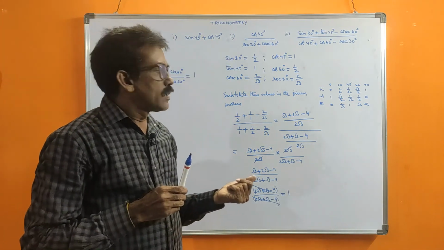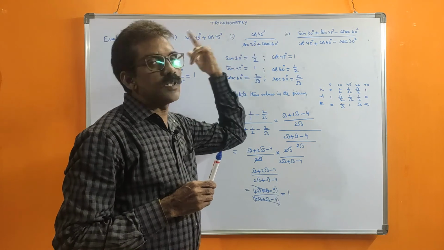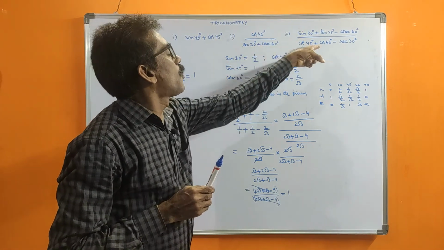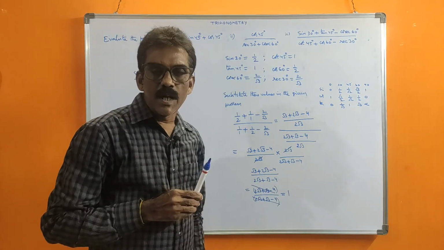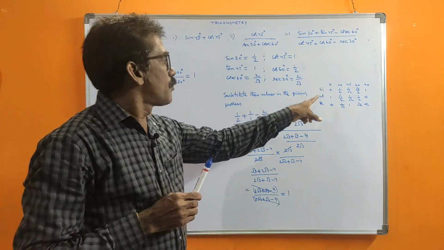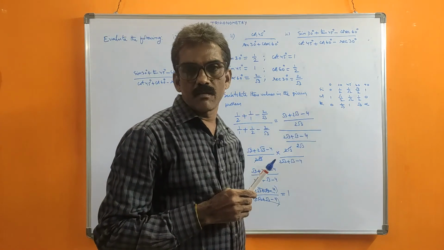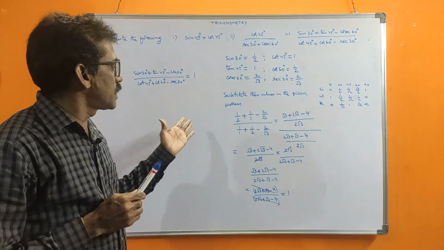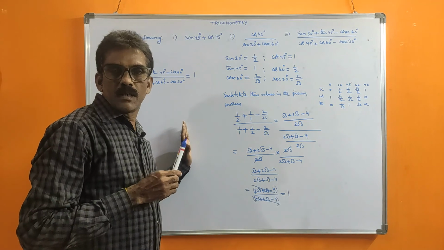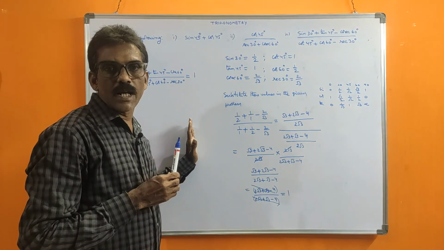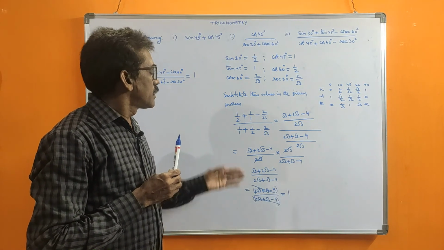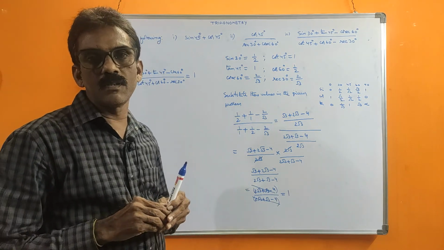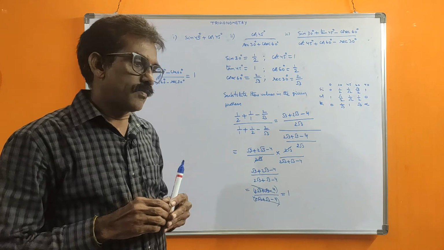Suppose only one sum is given, then by heart is okay. But if there are 2 or 3 sums with more angles, it is better to write this table first somewhere. By seeing those values you copy from there. Then there is no chance of writing mistakes. Okay. Then only simplification. I hope everyone understood this problem.